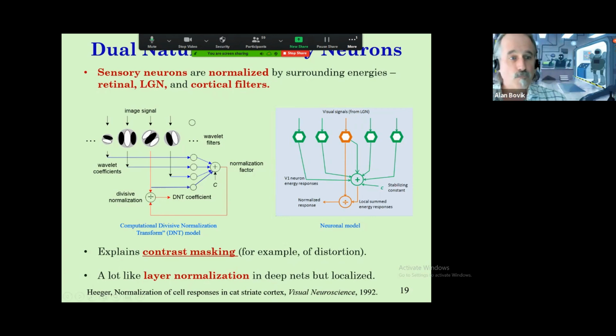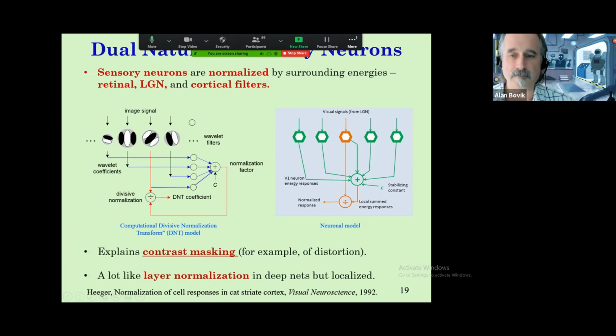Anyway, the vision system is expecting this, and it does a divisive normalization. It divides the image signal by local energies to approximate that variance term. So if this is the output of one bandpass neuron, neighboring neuron energies, which are like variances, divide this.